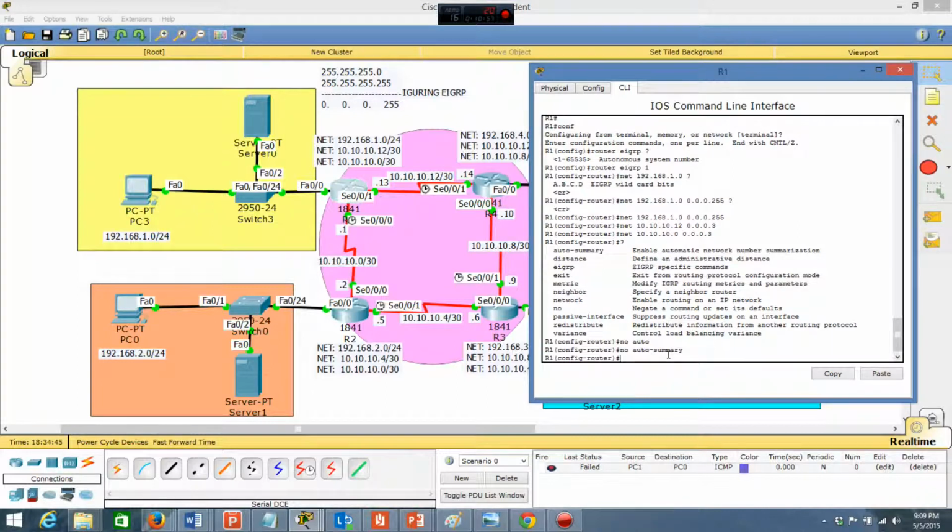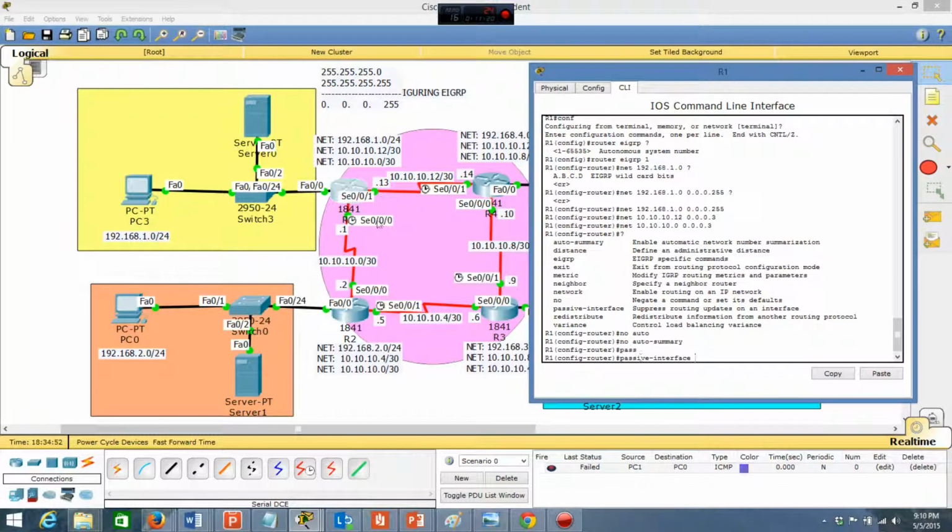You do enter. Another thing you could do is define an administrative distance from a particular router interface to another, but we are not going to do that. You also want to make an interface a passive interface. So we do passive-interface, and we want to suppress routing updates coming out to the LAN.